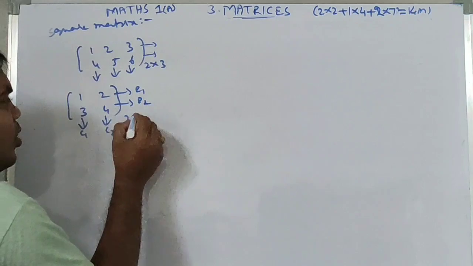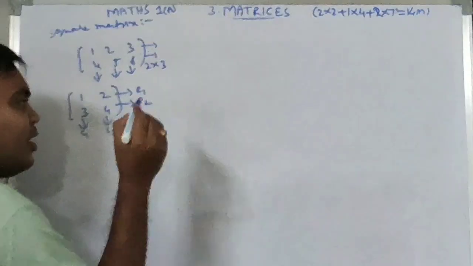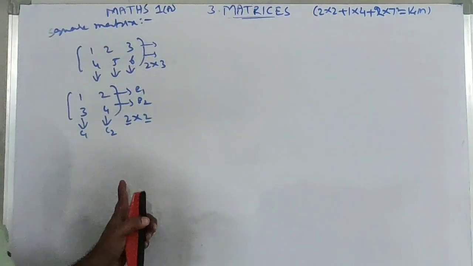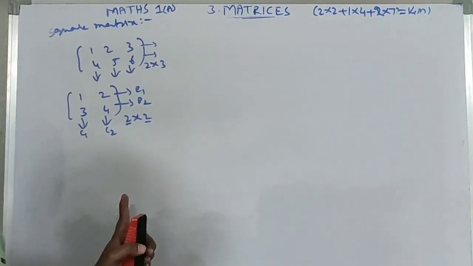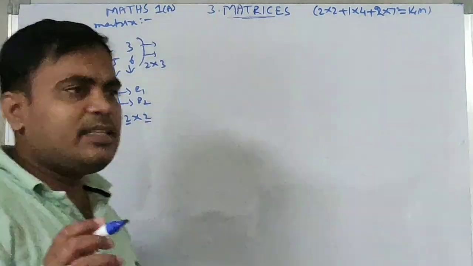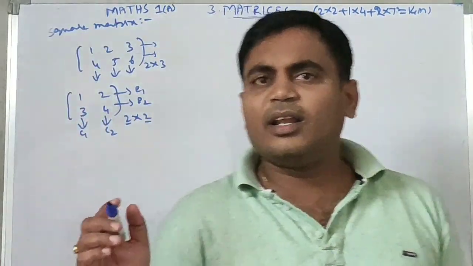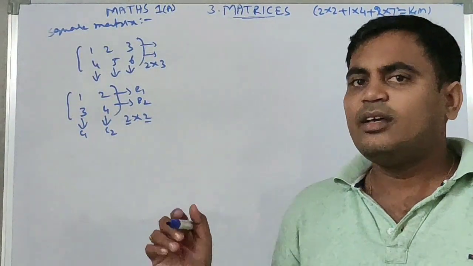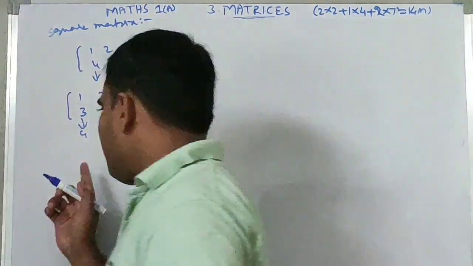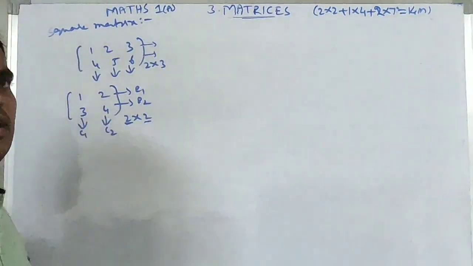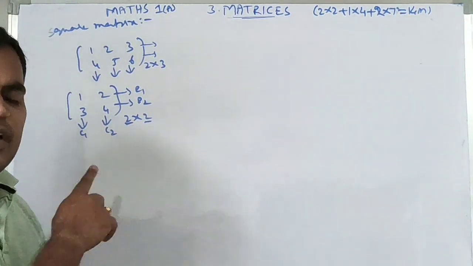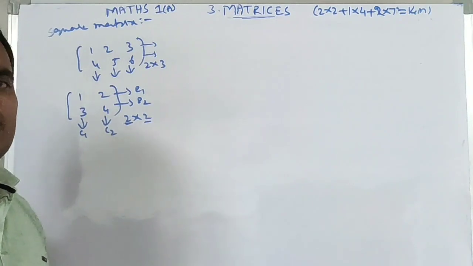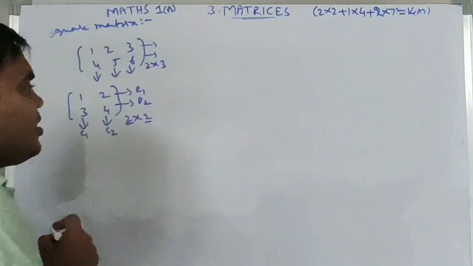So 2 rows, 2 columns; the number of rows and columns are equal, so it is a square matrix. The order of this matrix is 2 by 2. We call this a square matrix of order 2.